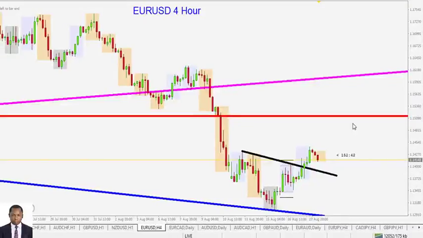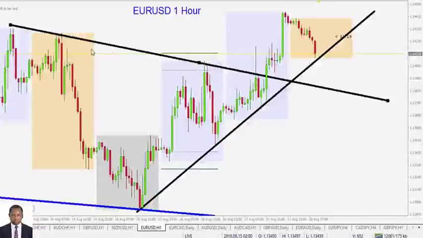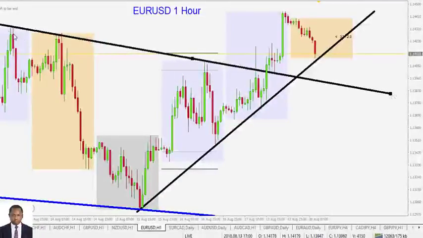For this one here, there should be some support around that area. The bias here is to the upside for now.